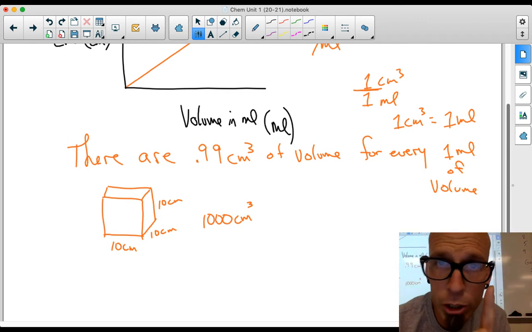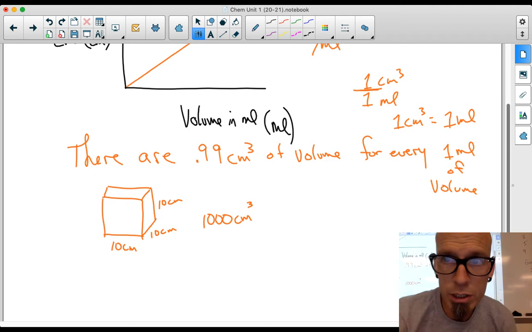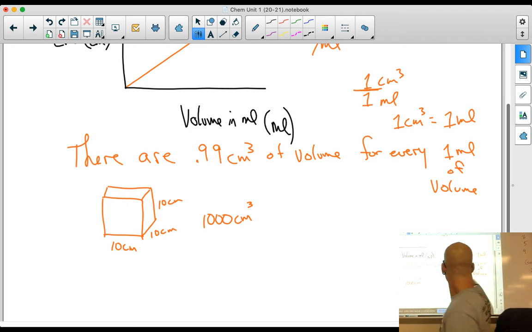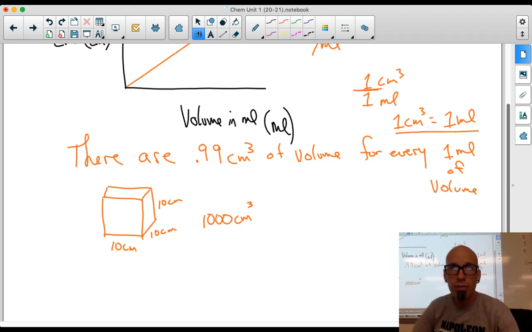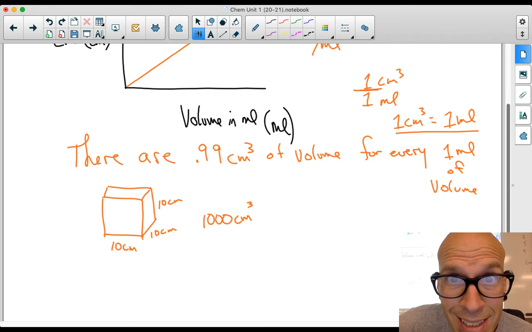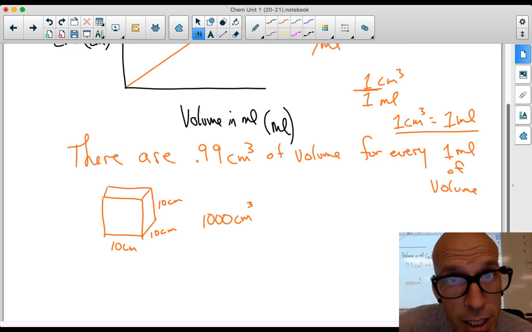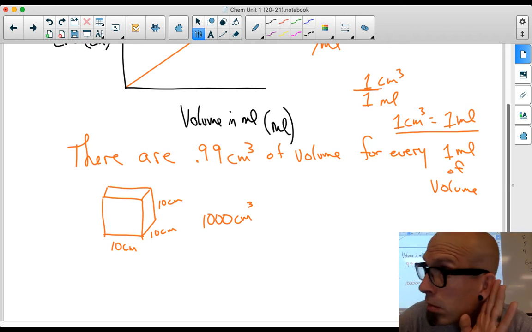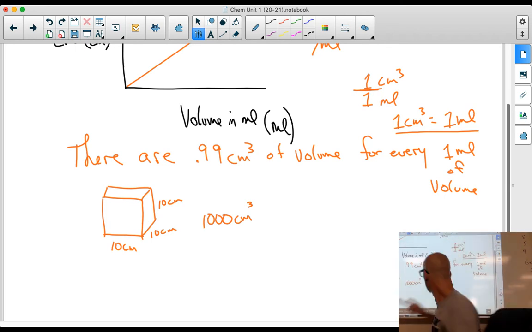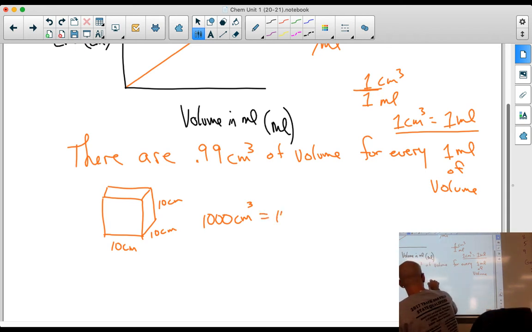Each 1 centimeter cubed is equal to what? Well, it says it on the board behind me. Each one of them is equal to a milliliter, which means 1,000 centimeters cubed is 1,000 mLs. That's 1,000 mLs.